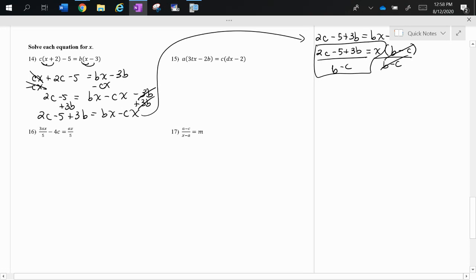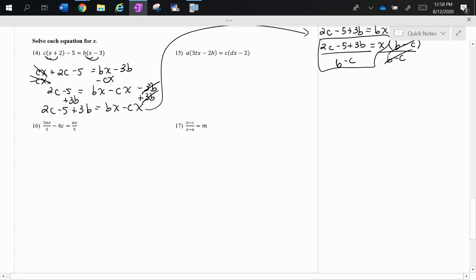Okay, so the next one, I think number 16, we're solving for x, and I see the x appears twice again. I don't like these fractions. So the first thing I'm going to do is multiply the whole equation by 5, and that's going to get rid of those fractions.